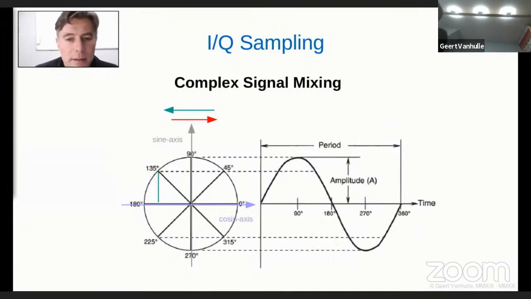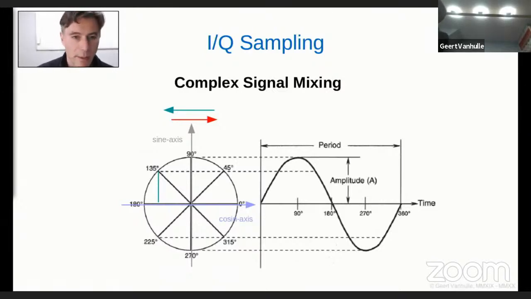Now, if we take complex signal mixing, we have a different situation, because a sine wave in the time domain, whether it is F2 minus F1 or F1 minus F2, will appear the same.